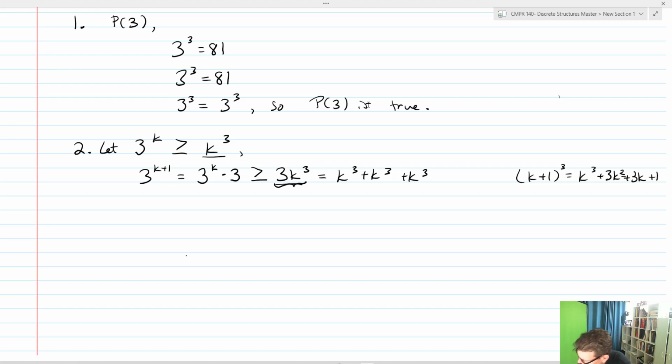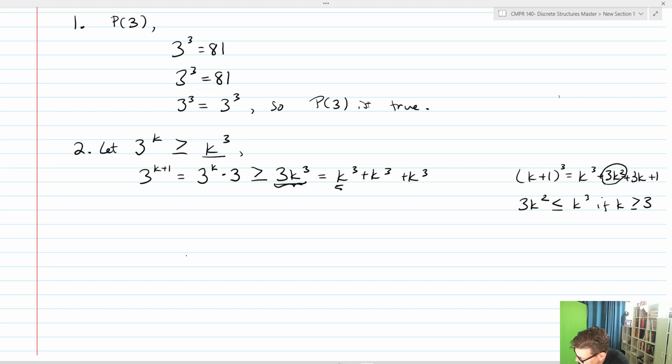Now, on the one hand, I have this k cubed statement. There's k cubed. And then I've got 3k squared. Now, 3k squared is going to be strictly less than k cubed if k is greater than 3, or actually less than or equal to k cubed if k is greater than or equal to 3.